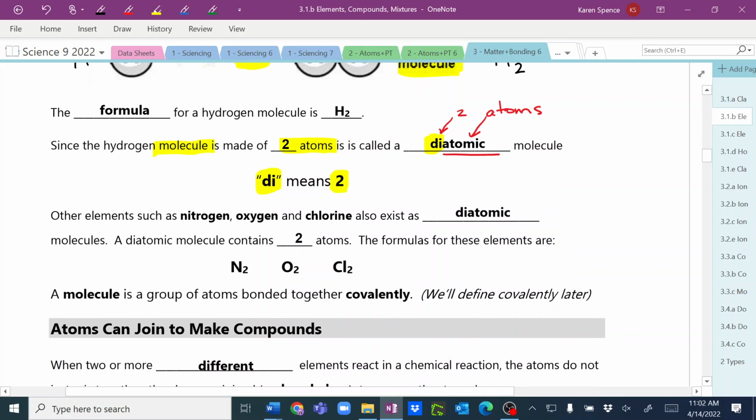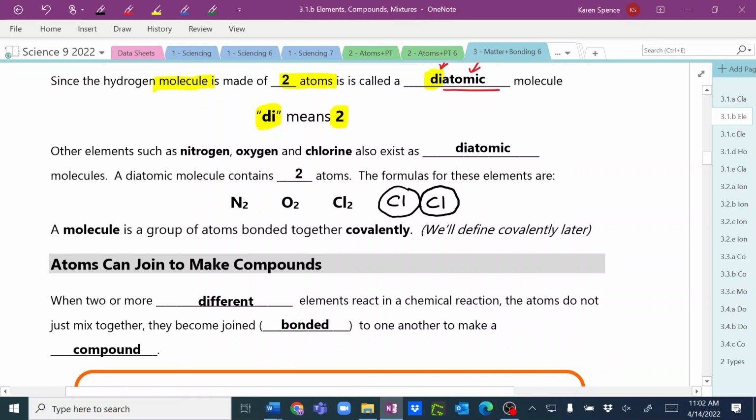How would we draw a molecule of Cl2? What would it look like? Two Cl's together, so we would draw one atom, Cl, and where would we have to put the other atom? Right beside, sticking to it, Cl. Okay?